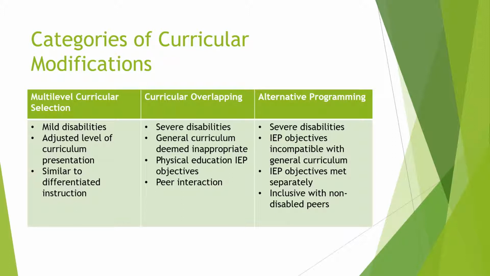There are three categories of curricular modification. There are multi-level curricular selection, curricular overlapping, and alternate programming. Multi-level curricular selection is best for children with mild disabilities. Here, the general curriculum is appropriate, but it's above the child's ability level.